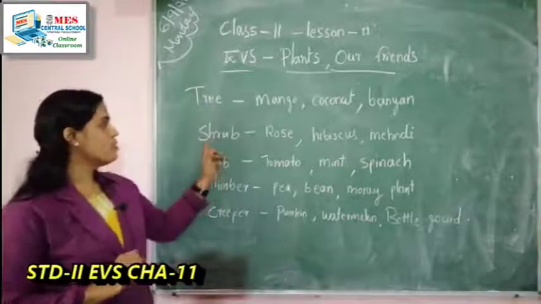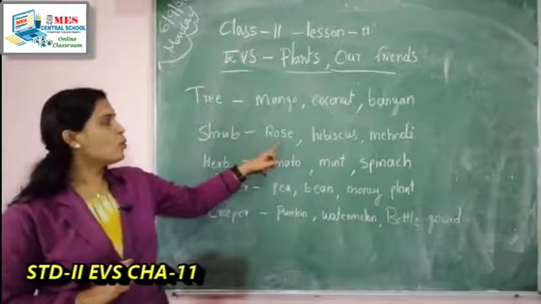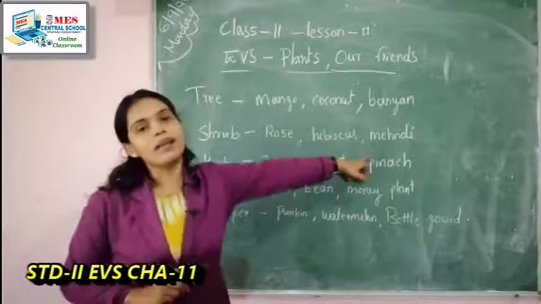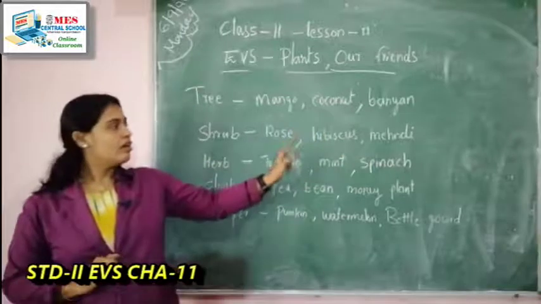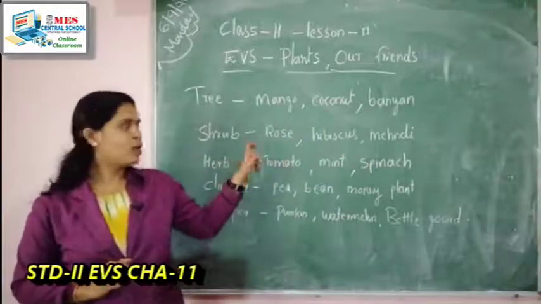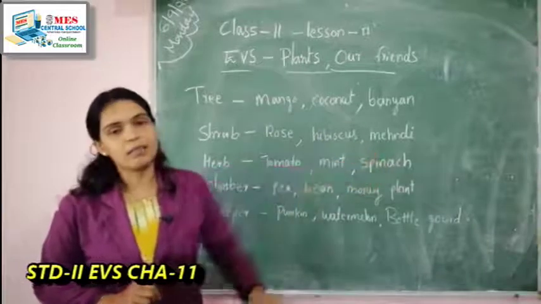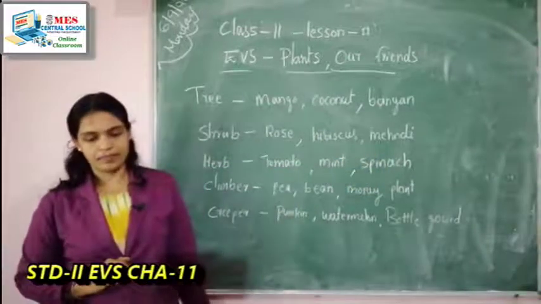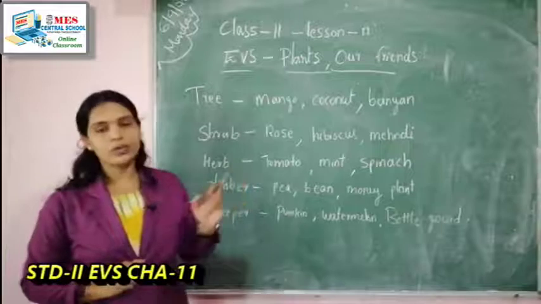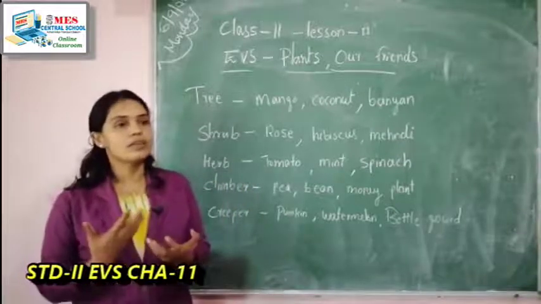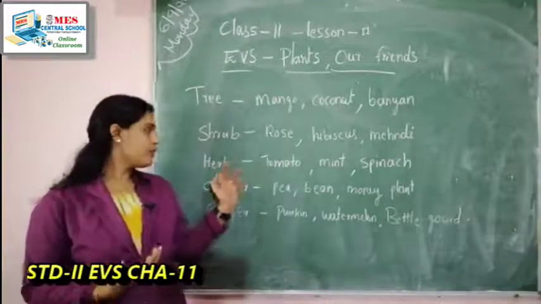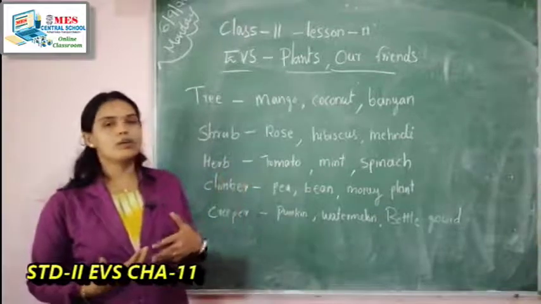Examples for shrubs are rose, hibiscus and mehendi. What are the examples for shrubs? Rose, hibiscus and mehendi. Next we have to discuss herbs.